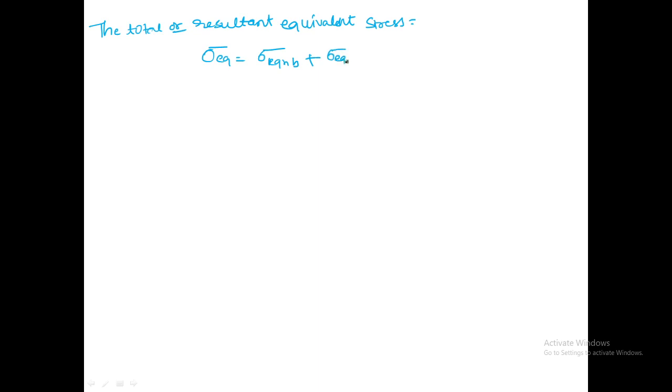Now the total or resultant equivalent stress here, okay. Now this is what sigma eq equal to sigma eq n b plus sigma eq n a, right.